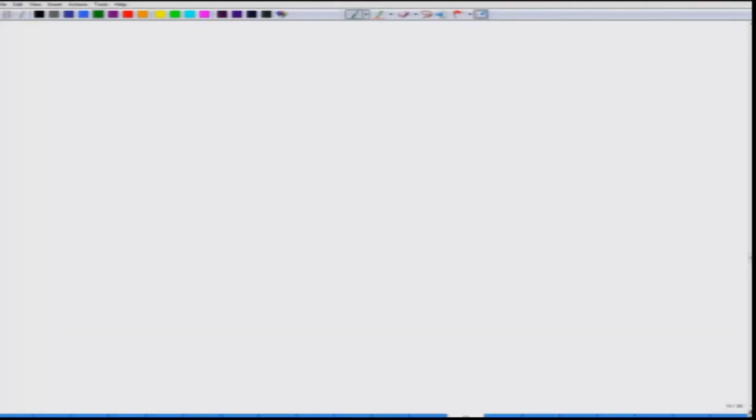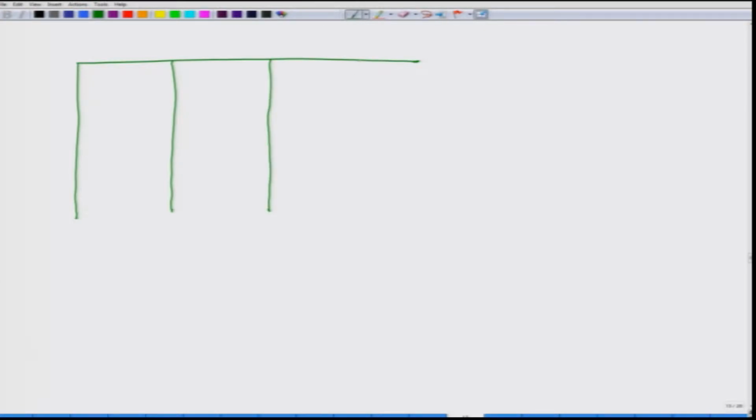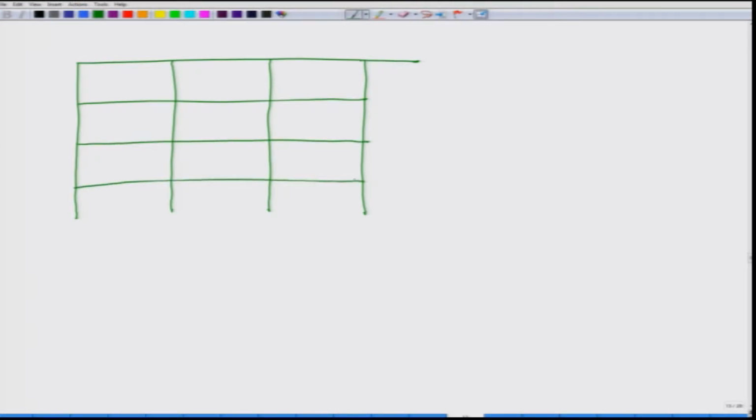Okay, so for that let me draw. I will draw only these 3 cells in the direction of the 110 plane.